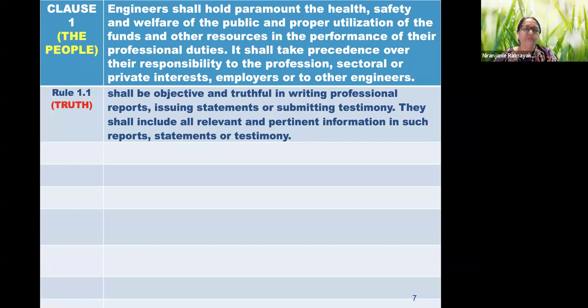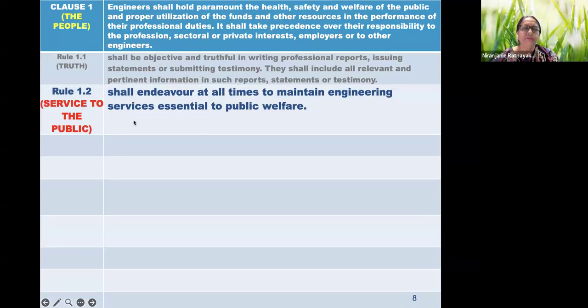Like, as engineers, we have to write reports and reports and reports, say, the design reports and all those things. So in all those things, you should be truthful. You should not hide facts, right? That's first one. Second one is, shall endeavor at all times to maintain engineering services essential to public welfare.